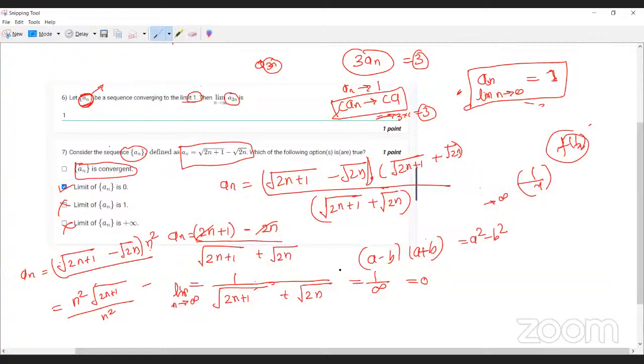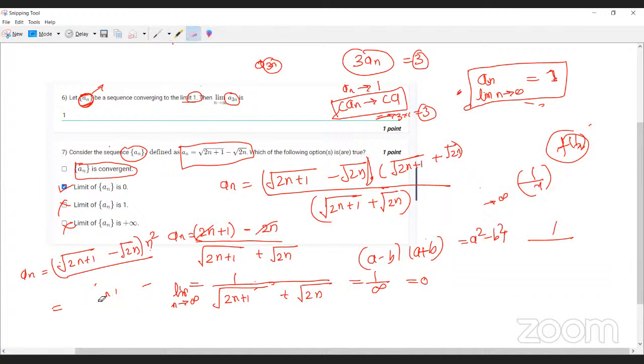Unless I get this form, I cannot put my limit, x tends to infinity, I will get infinity always. I always try to bring in 1 by some variable, so that I can convert that particular term to 0.